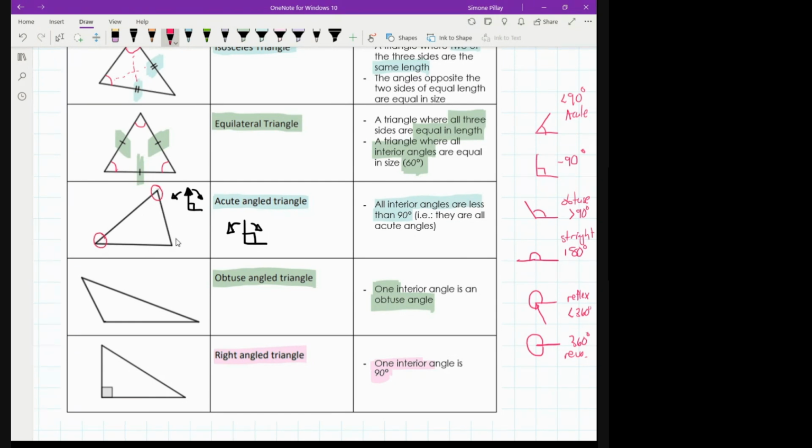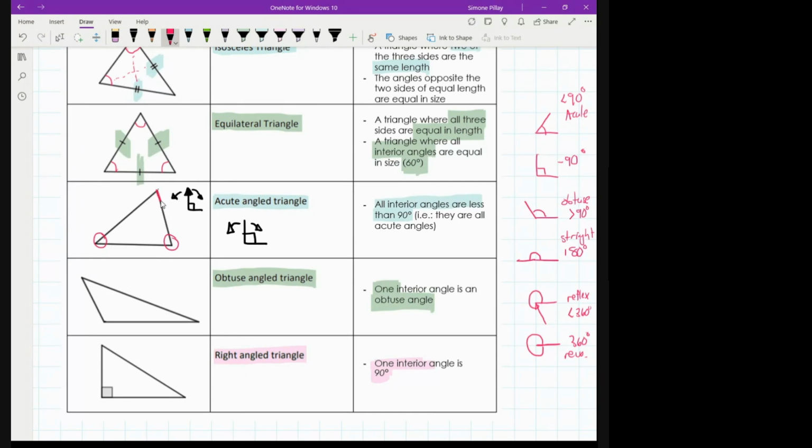Okay, so when we talk about an acute angle triangle, all of our angles in that triangle are going to be less than 90 degrees. Itandile, I'm not sure where you were stuck, if it was the angles that were confusing you, but I've just explained all of the angles now. So when you have an acute angle triangle, you must check that all of your angles are less than 90 degrees. That's why I was drawing these little corners.